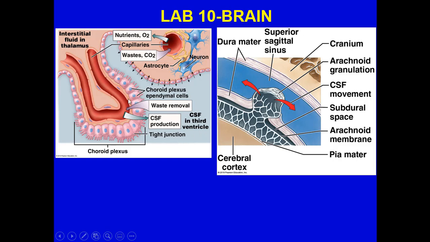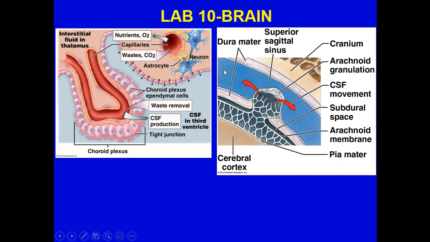Now, we eventually have to deposit this back into the blood, and this is where, here's the arachnoid mater, the subarachnoid space, and you'll notice that these granulations are here, and this is sort of the structure.